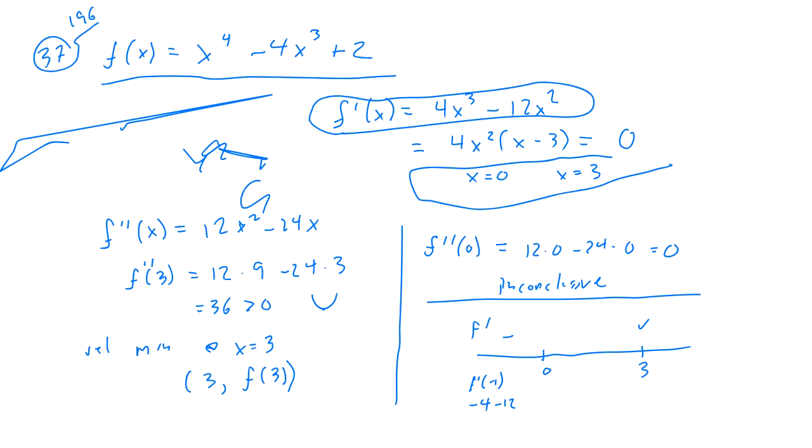And if I plug 1 into the first derivative, f prime of 1 is 4 minus 12. That's negative also. So since the derivative is negative and then negative again, that means that there's neither a max nor a min at 0.